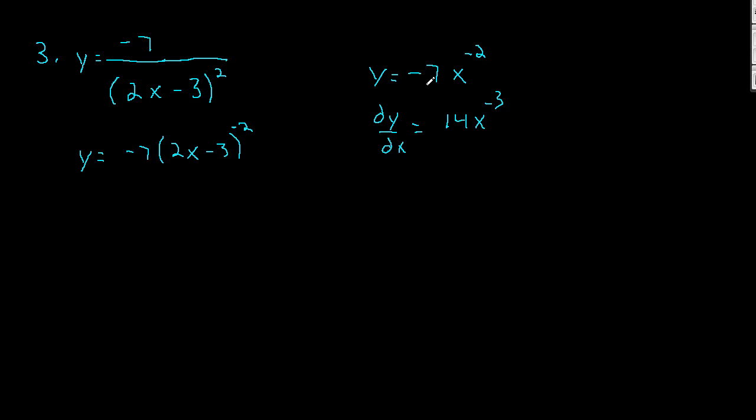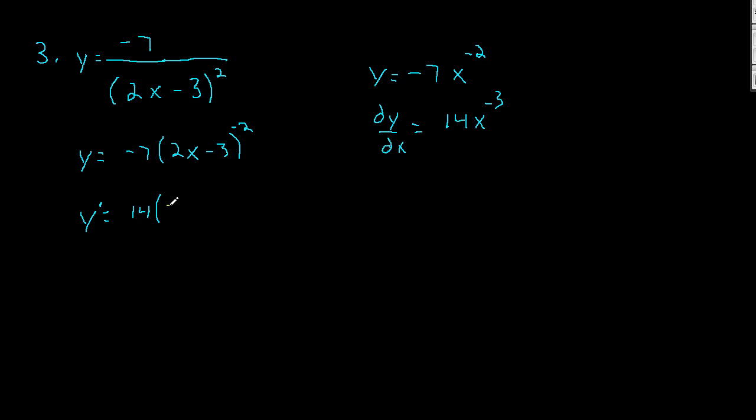All I did was bring this down, multiply it by the -7, and decrease this power by 1. Well, we're going to do the same thing here, because remember, the chain rule says if you want to find the derivative of a composite function, you first have to find the derivative of the outside function.